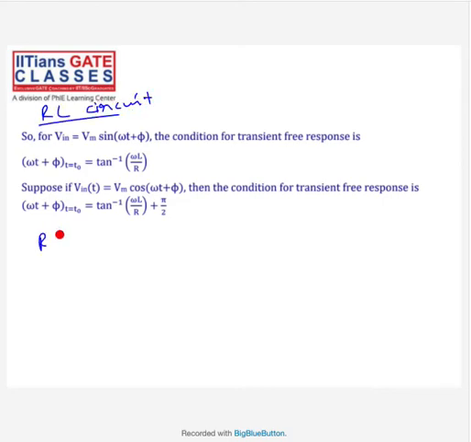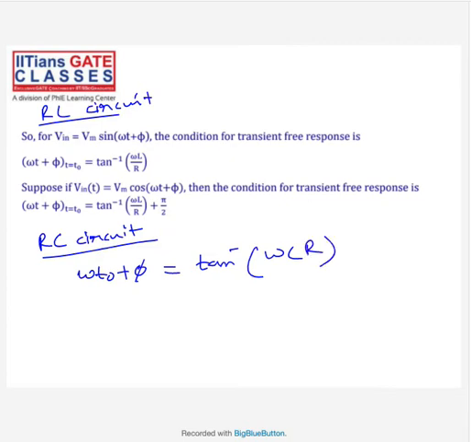The RC circuit is nothing but the dual of the RL circuit, right? So change quantities. Omega t naught plus phi is equal to tan inverse omega, and the dual for L is C, the dual for R is 1, so this is tan inverse omega RC or omega CR, for V equal to Vm sin omega t.